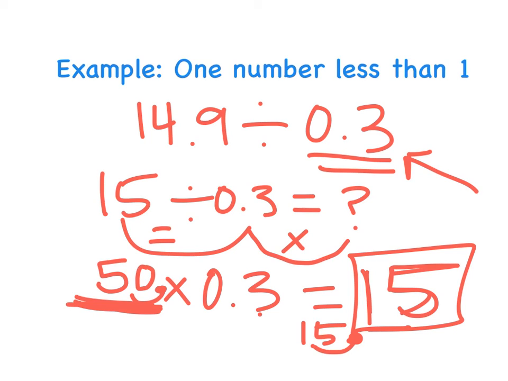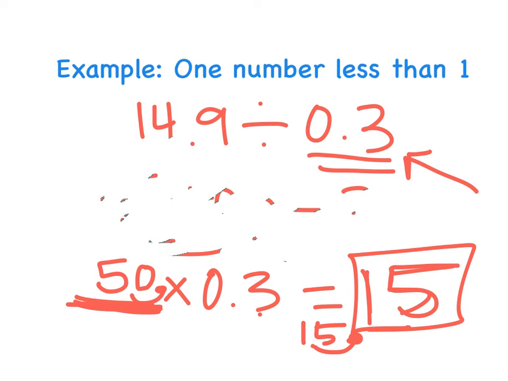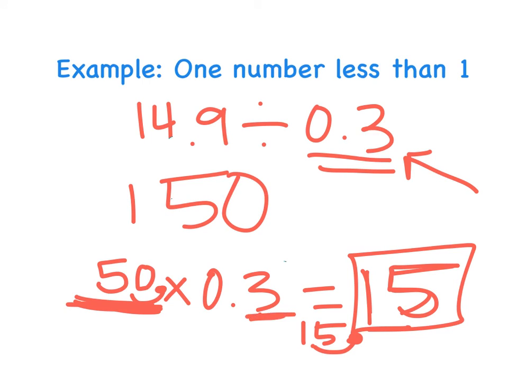Now, let's try that. I want to see if it works now. Is 50 times 0.3, times 3/10, 15 wholes? So let's try that. 50 times 3 is 150, but I have one number after the decimal point, so I need one number after my decimal point. I get 15.0, which is the same as 15.